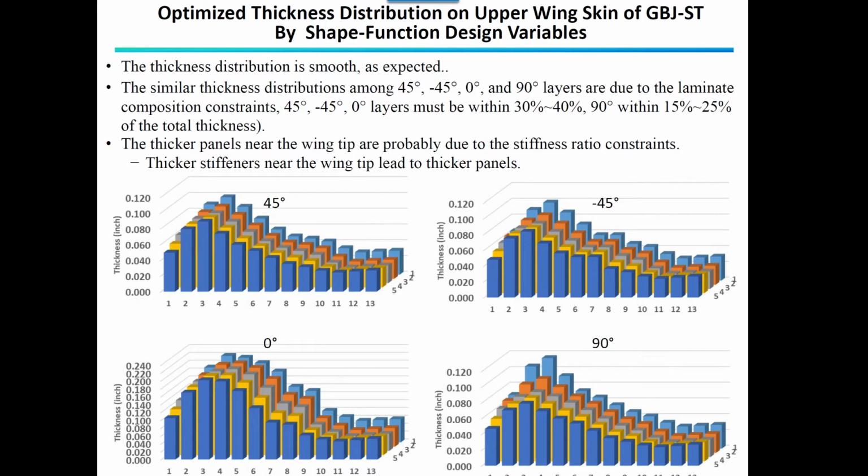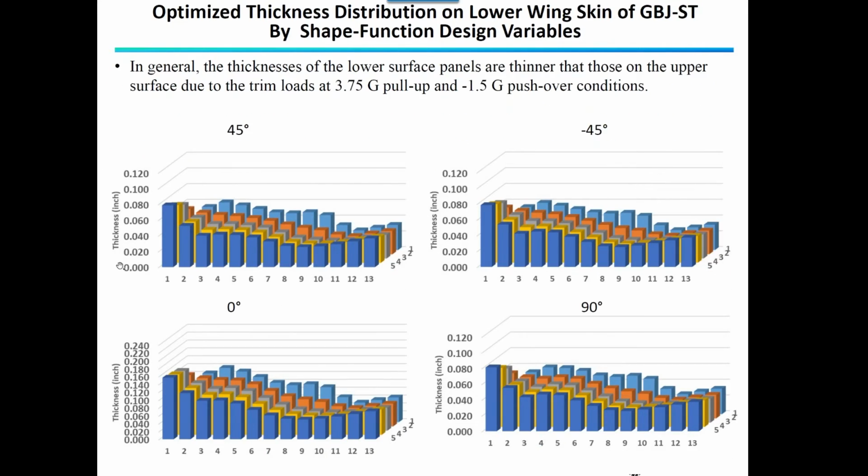And that's the thickness of the four layers on the wing lower skin, and you can see the thickness of the wing lower skin is thinner than the upper skin.